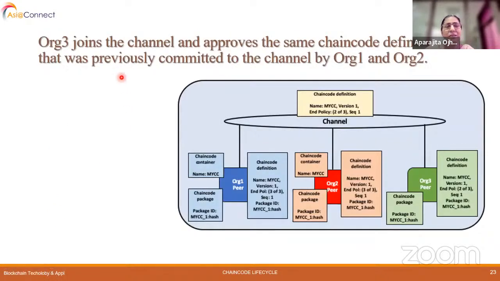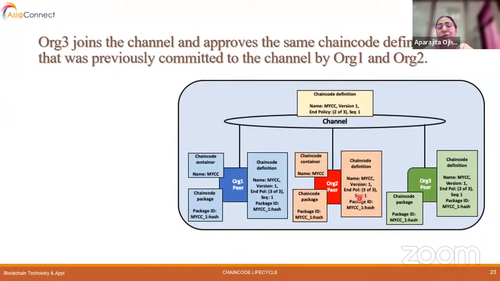So suppose organization 3 joins the channel and approves the same chain code that was previously committed to the channel by org1 and org2. You can see the change here. The endorsement policy of this version 1 says 2 of 3, right? Here, the new organization joins and it accepts that the endorsement policy should be 2 of 3.